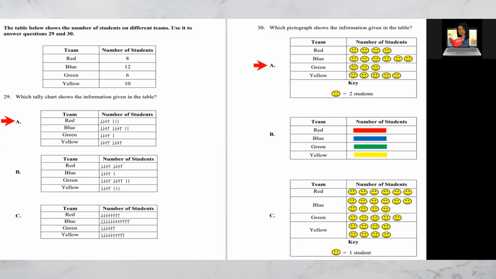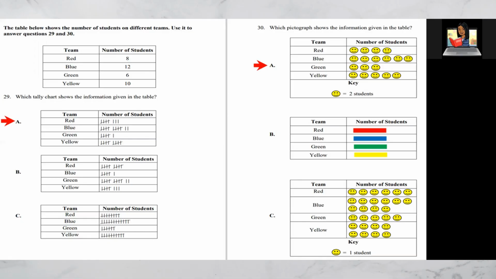So right away, you can see that option A, the red team with 8 students represented as tally marks, is correct. Option B shows that the red team has 10 students, and for option C, these tally marks are all incorrect. That is not how we write them. So that is how you can quickly tell that option A is the answer without even going through all of these.